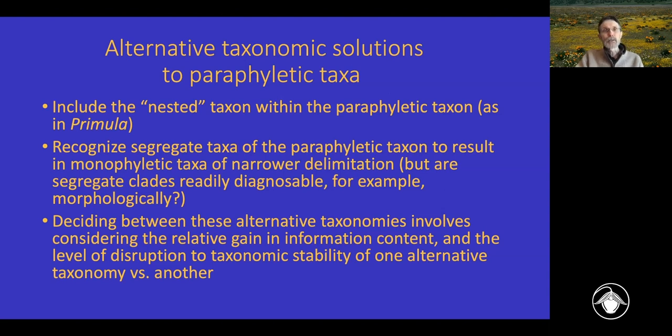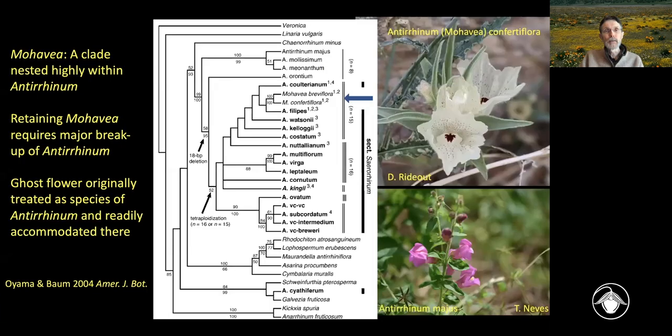And if the names are constantly changing, it has a disruptive effect that hinders communication, which everyone agrees is not great and it should be minimized. We still want our taxonomy to be evolutionarily informative, but we want to make those changes in ways that are least disruptive to stability.